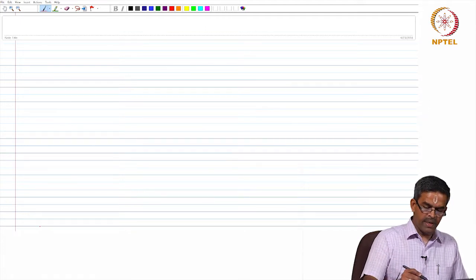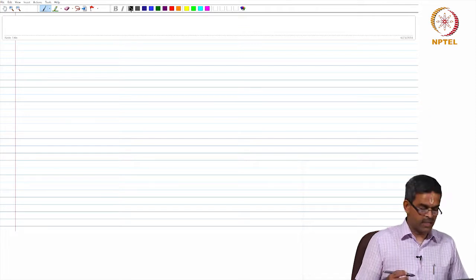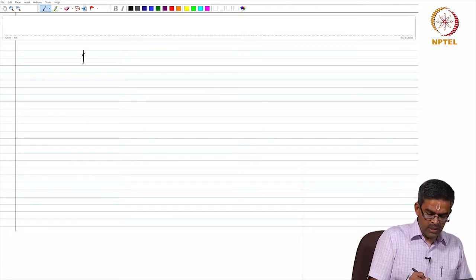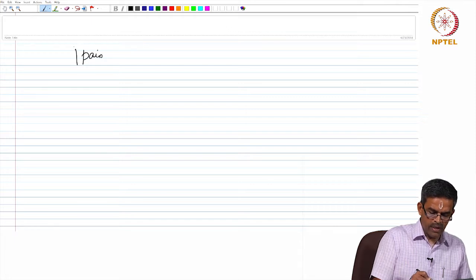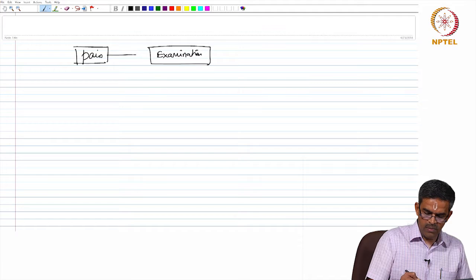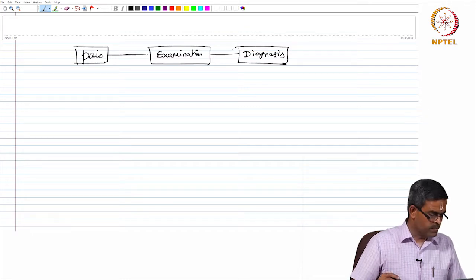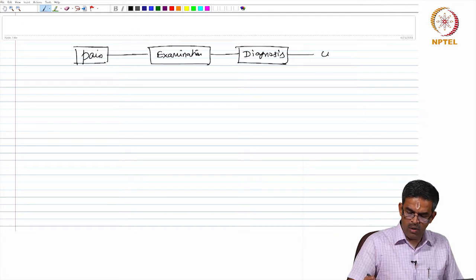Let us quickly compare the SHM process with that of the human analogy, which we did earlier as well. Let us say if you receive a pain in a human body, then you need to undergo an examination. Then this leads to a diagnosis based upon the results of the examination, and ultimately you are advised for a proper cure.